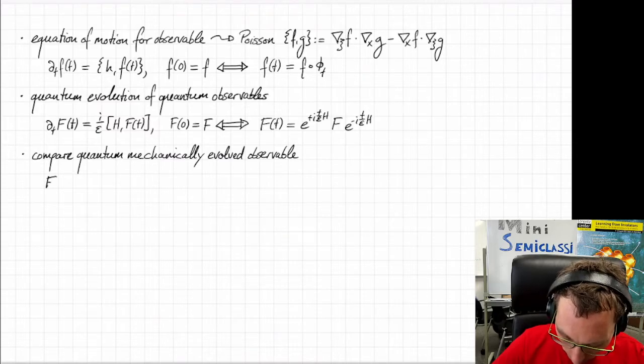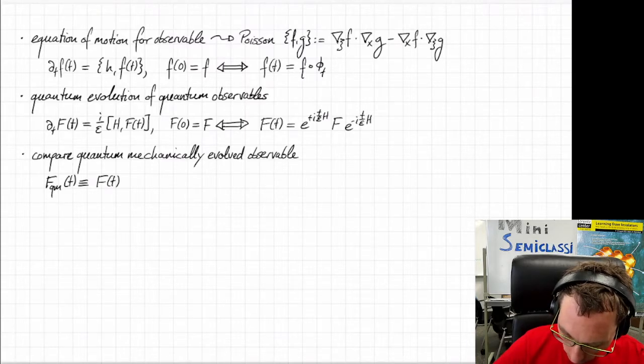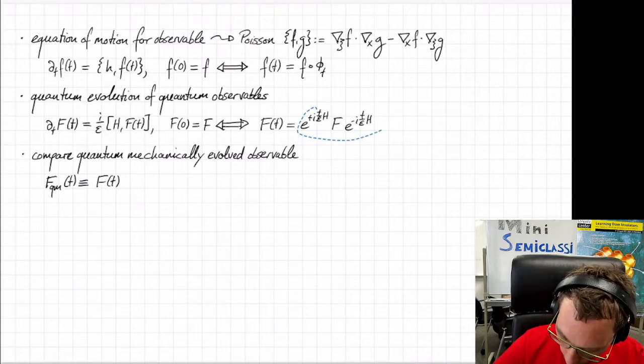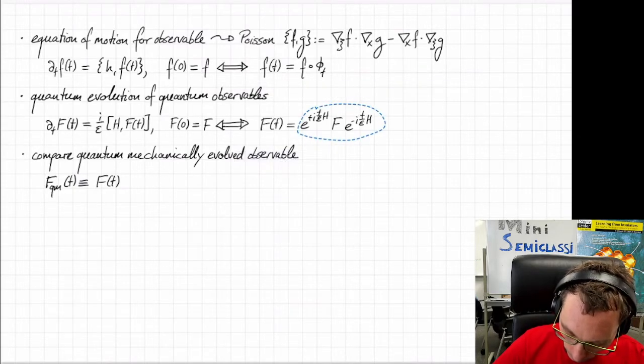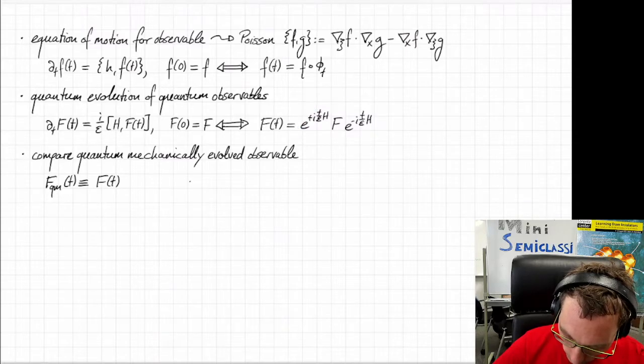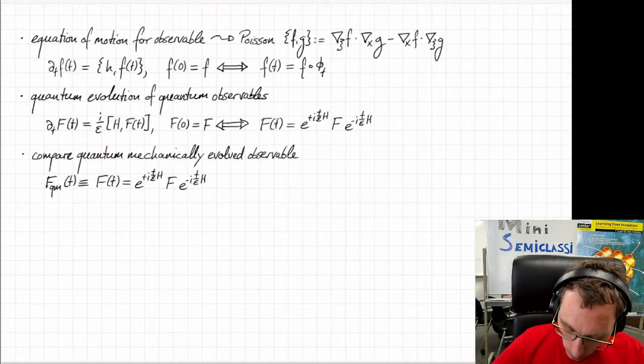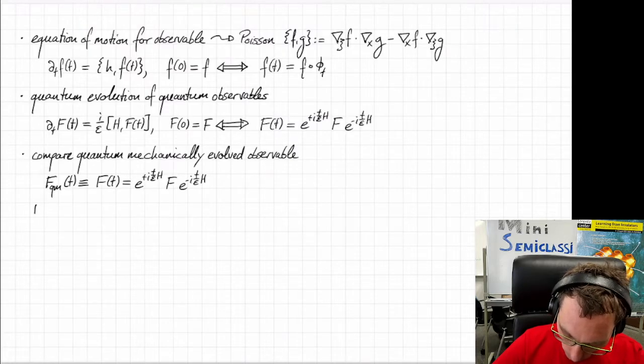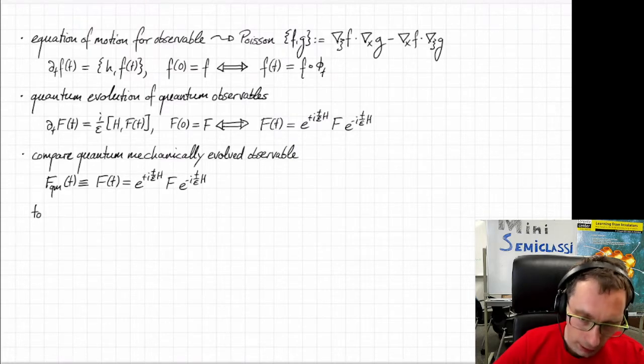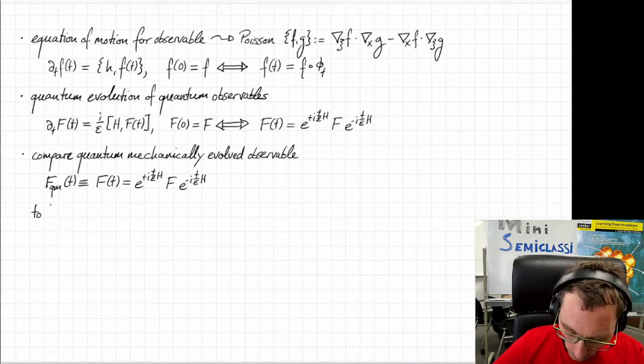Let me call this F_QM of t, but this is identical to f of t, which is just this here by definition. Let's compare this quantum mechanically evolved observable to the quantization of the classically evolved observable.